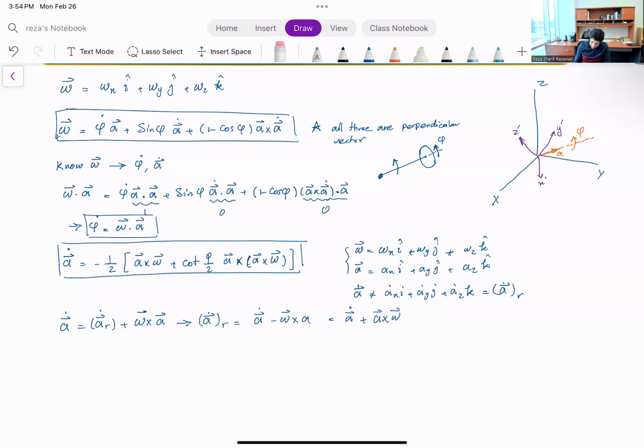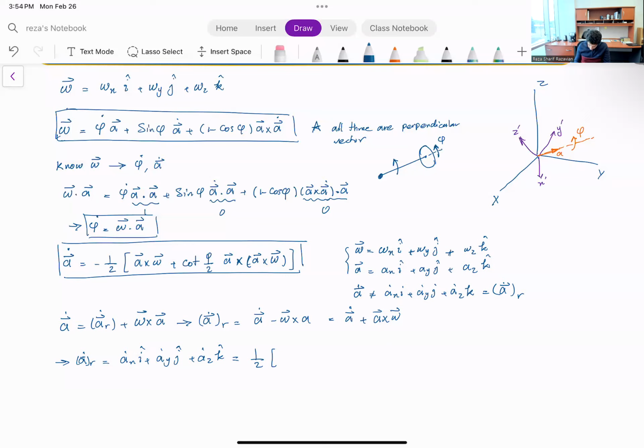So adding this is going to give me A dot r, which is A dot x i plus A dot y j plus A dot z k, equals one half of, so this half there cancels out with that one, so only a positive half will remain.